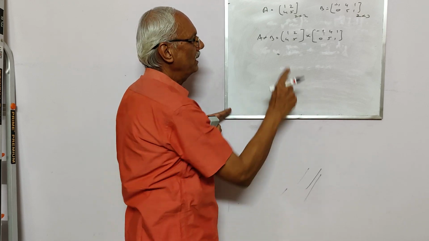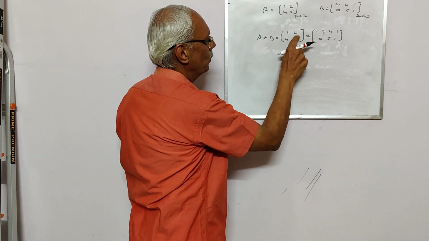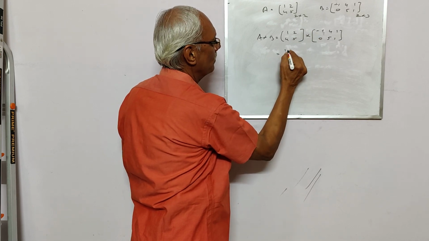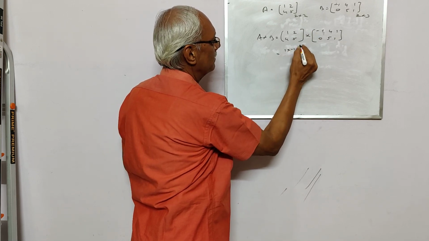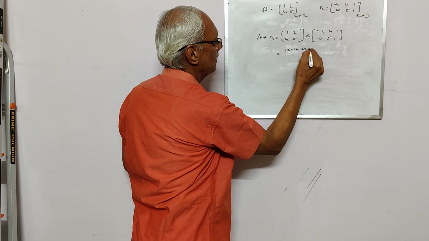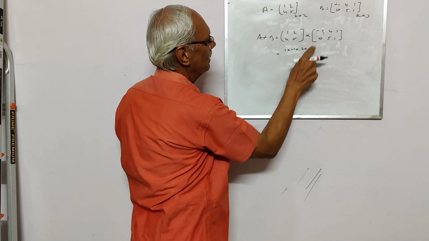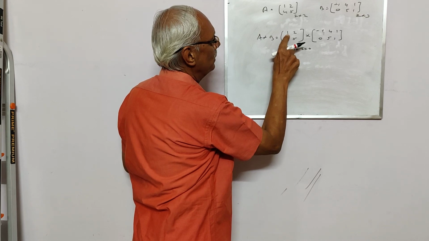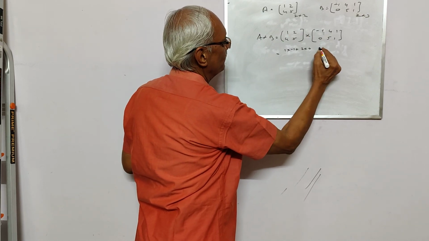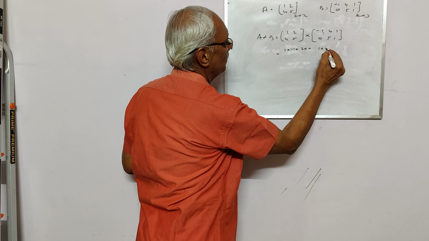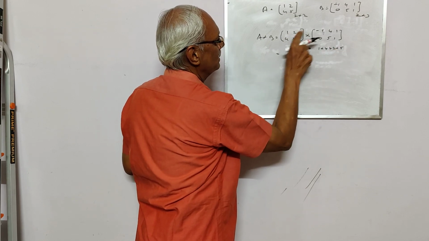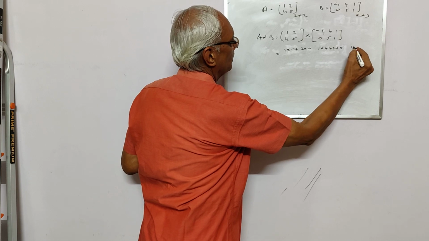So when you multiply, first row into first column: 1 into minus 1 plus 2 into 0. First row into second column: see, 1 into 4 plus 2 into 5. First row into third column.